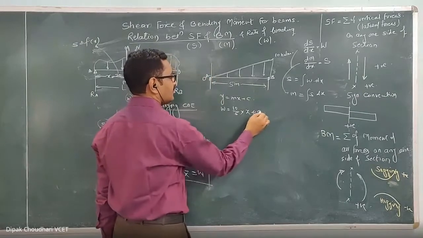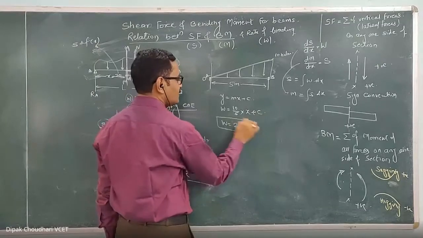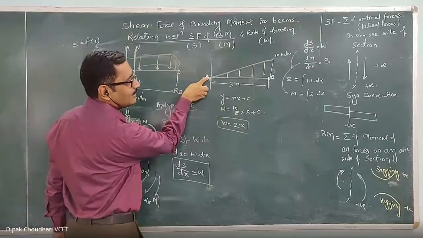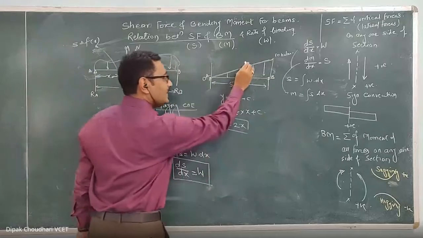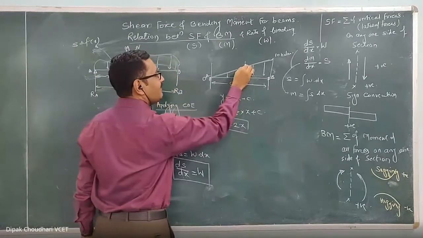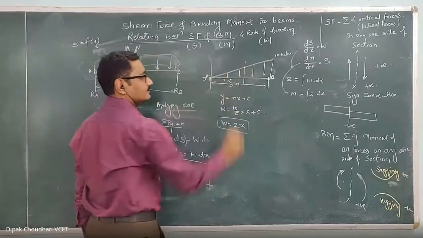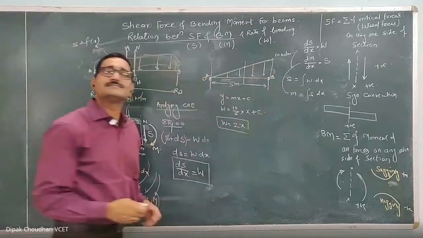Okay, so I will get the equation w equal to 2x. This is the equation of loading for this. If I substitute x equal to 0, w equal to 0. If I substitute x equal to 5, I will get w equal to 10. If I substitute x equal to 2.5, I will get the loading intensity at a distance of 2.5.